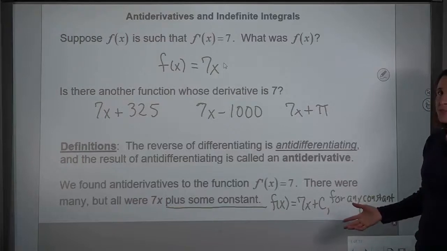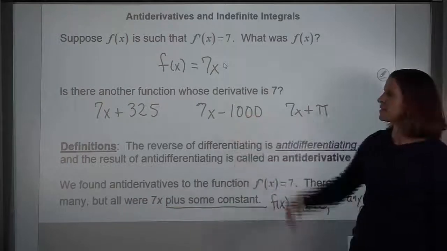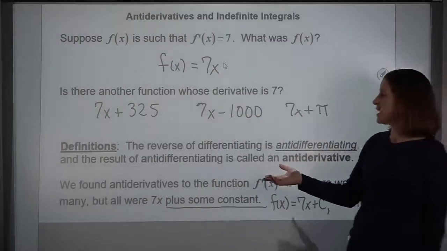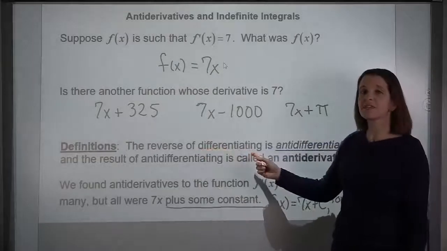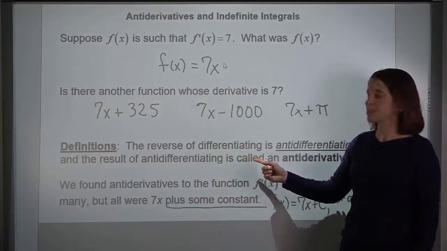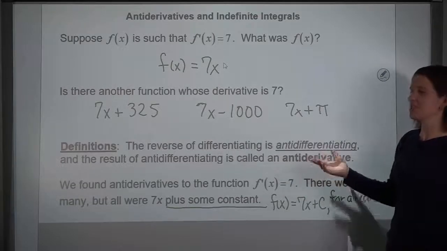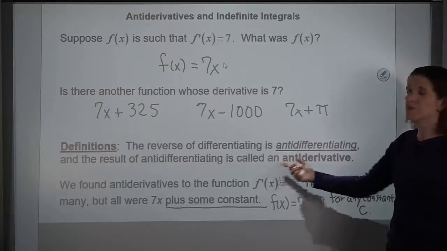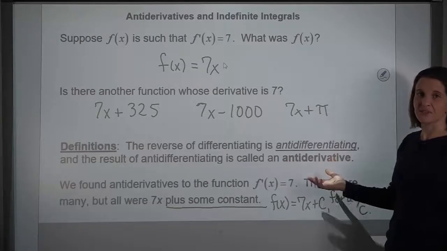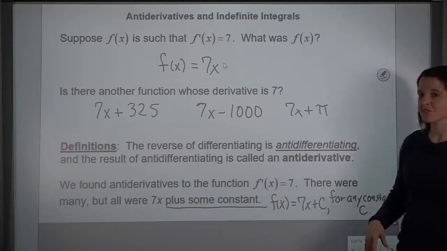And it could be positive or negative, so that's why this part doesn't matter. So what we just did was the reverse of differentiating, which means to find a derivative, and we anti-differentiated. And what we found then is an antiderivative, so the opposite of a derivative.